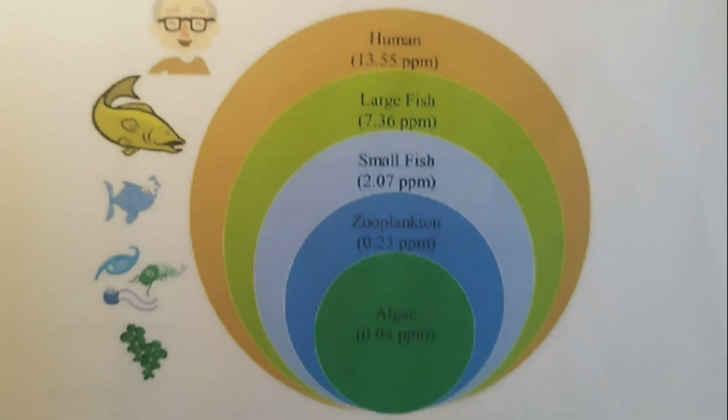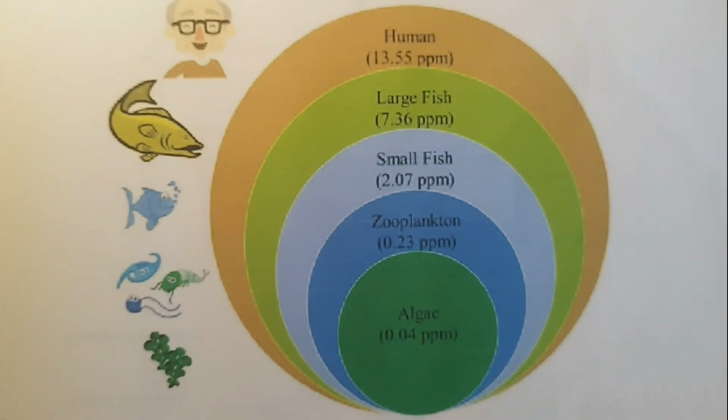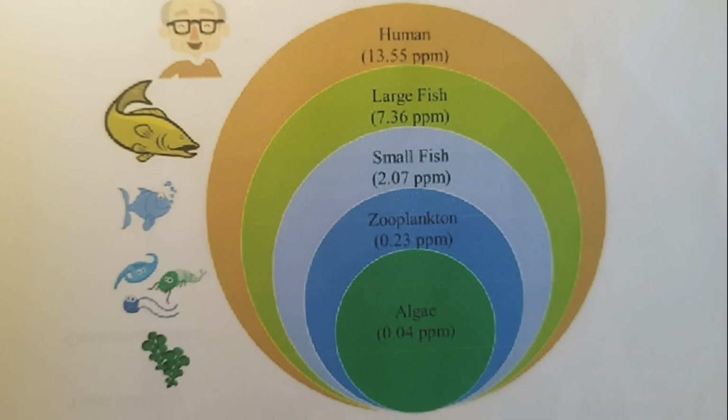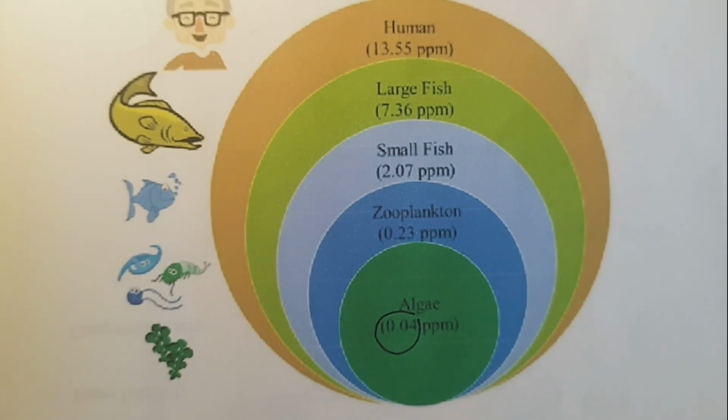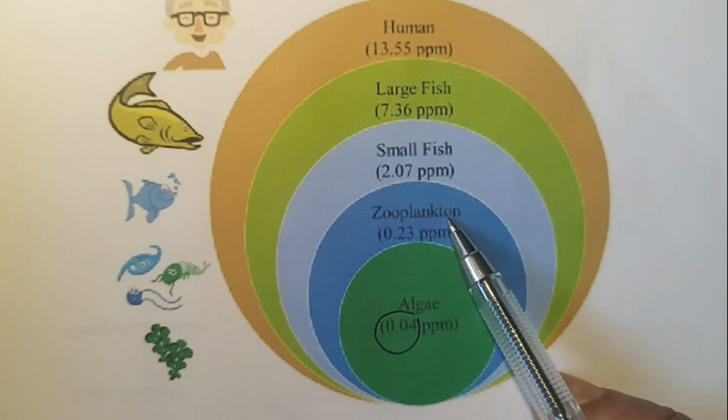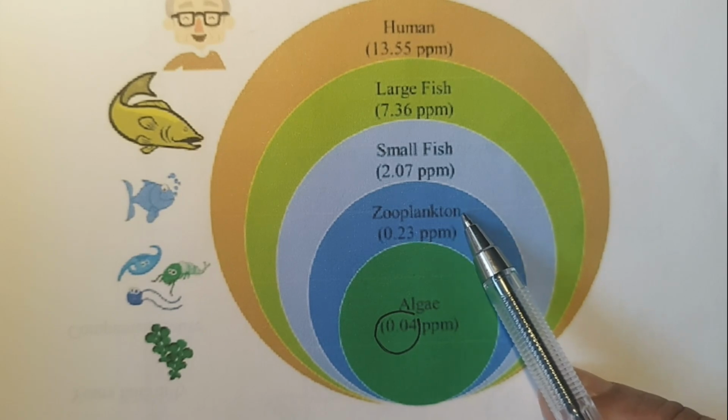This diagram shows that the smaller producers like algae have very little pesticide or chemical content. Then they are eaten by zooplankton, that is small larvae or insects.